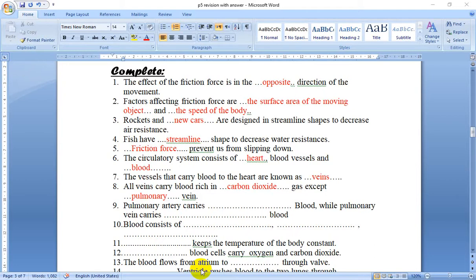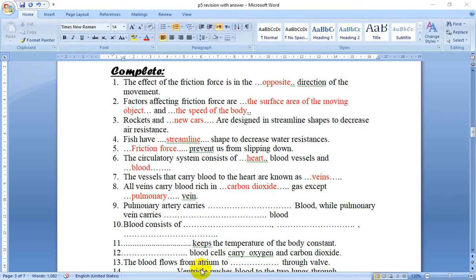Number 9. Pulmonary artery carries which blood, while pulmonary vein carries which blood? Primary 5, don't be confused. We said all arteries carry blood rich in oxygen except pulmonary artery. So pulmonary artery carries blood rich in carbon dioxide, and we called it deoxygenated blood.